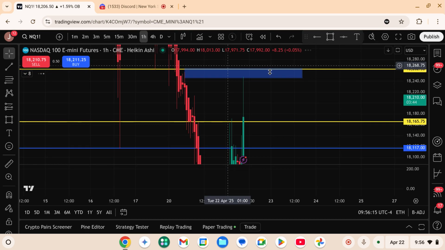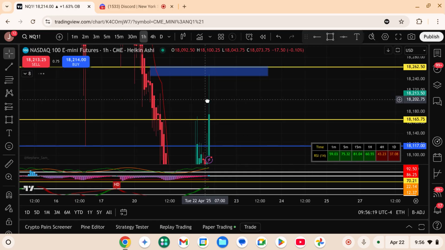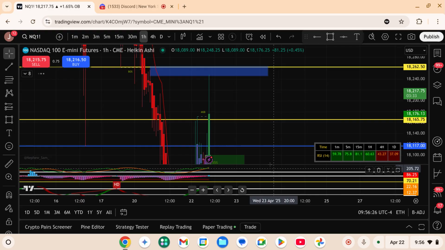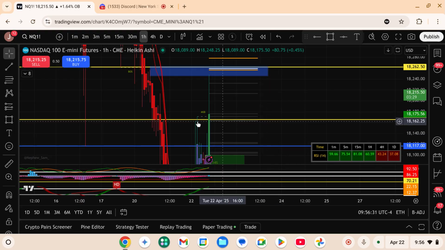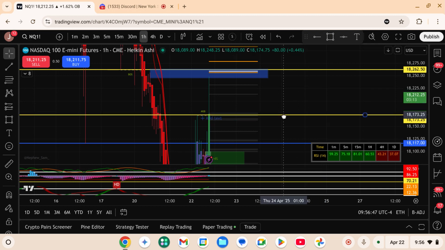See what the 1 hour looks like. So once this 1 hour closes, we're gonna adjust this line to this MSB that I just made. Actually, we could do that now because it looks like it's gonna close bullish. So we'll adjust that to there.